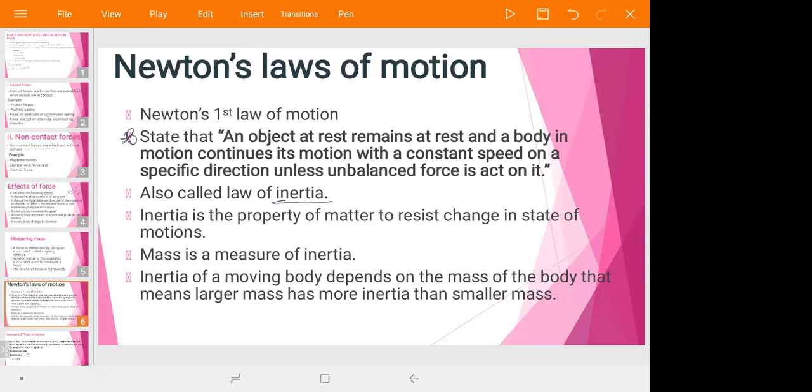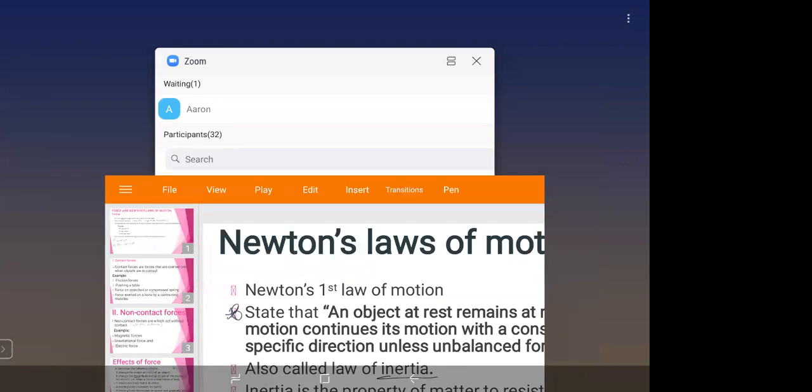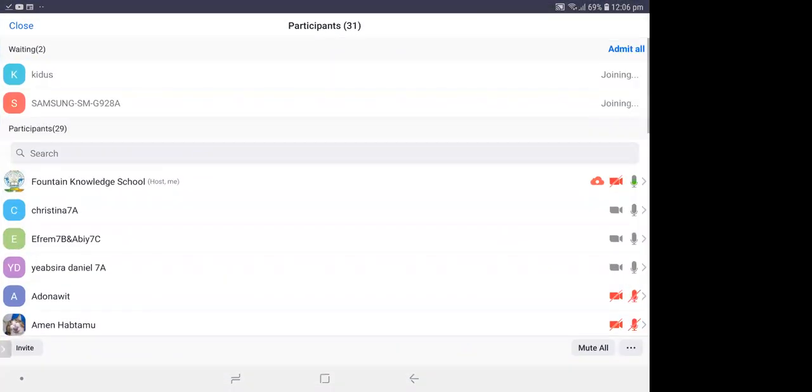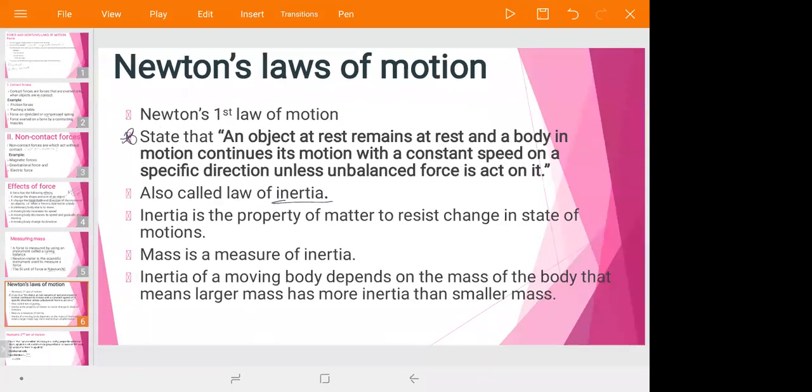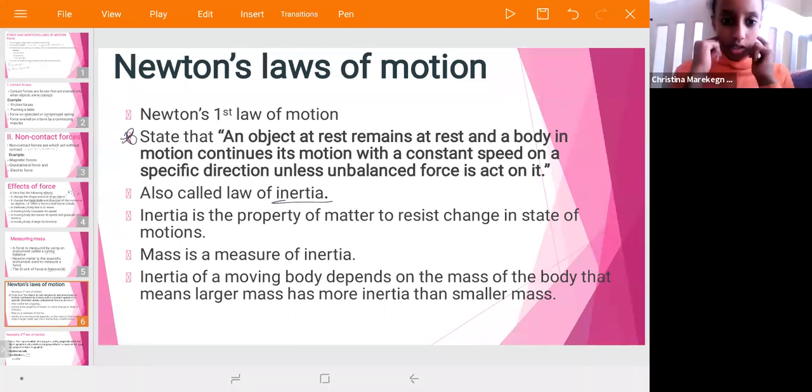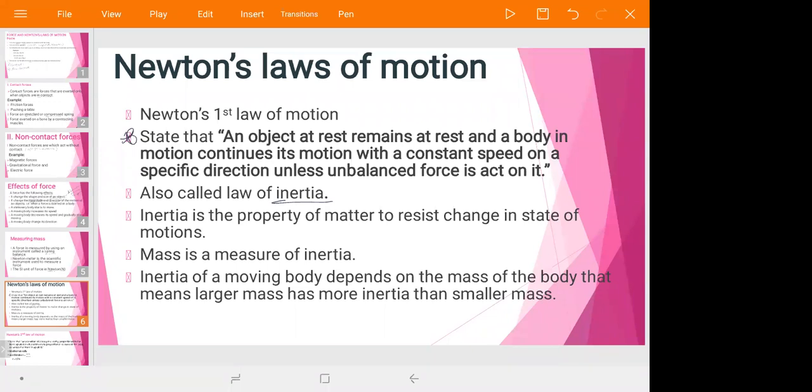Again, while you are in motion, maybe your car will stop suddenly. Is your body balance towards the front or towards the back? Towards the front. Why? Because your body was in motion, it wants to continue its motion along a straight line.